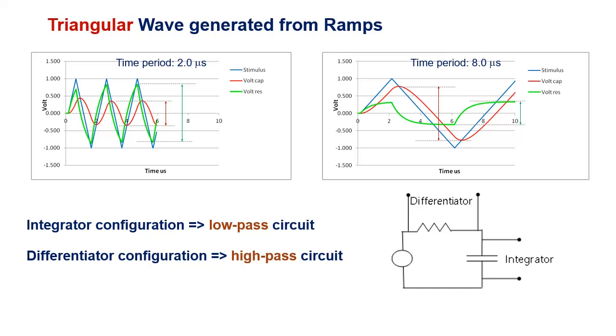Thus integrator behaves as a low-pass circuit, allowing lower frequency signals more easily than higher frequency ones. On the contrary, the differentiator works the opposite way, namely as a high-pass circuit. It allows high-frequency signals more easily than low-frequency ones.